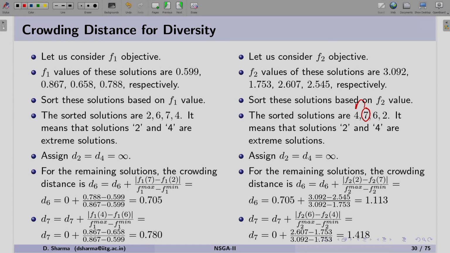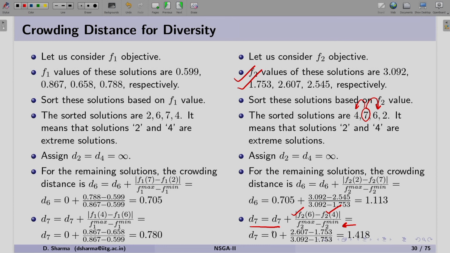Same thing we are going to perform for solution 7 here. For solution 7, the neighbors are 4 and 6. So, we will find D7 equals D7 plus (F2 of 6 minus F2 of 4), and then in the denominator we have F2 max minus F2 min. Taking all the required values from the second line on the right hand side, we will calculate.